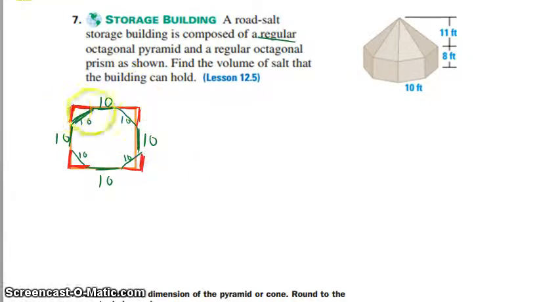If I put all 4 of those triangles together, I actually get a square with length 10. If all the diagonals are on the outside, it actually looks like this. And these are all 10.